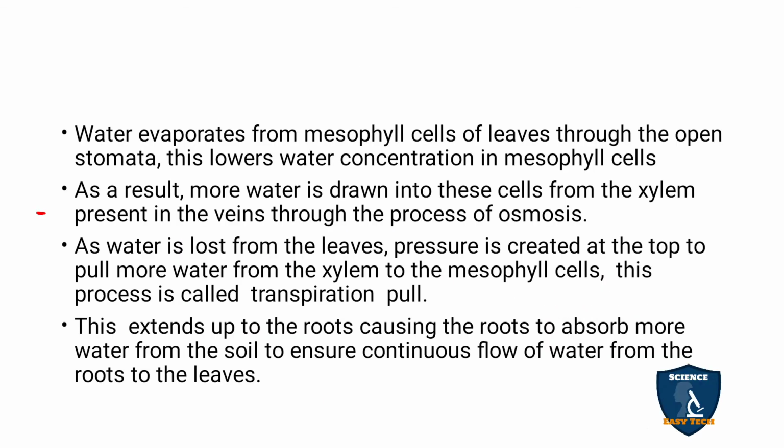As a result, more water is drawn into the cells from the xylem present in the veins through the process of osmosis. So as the water is lost from the leaves, pressure is created.